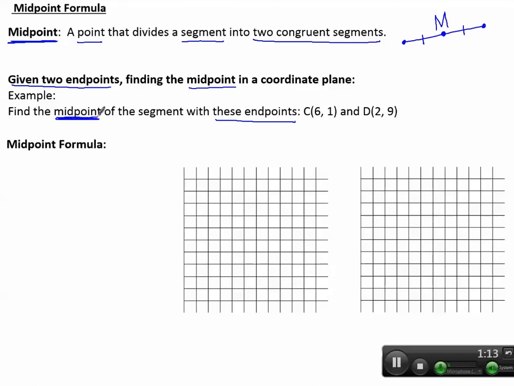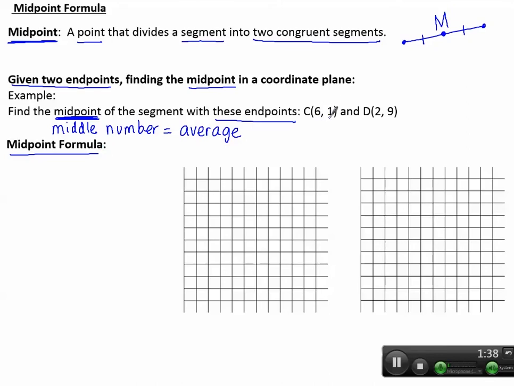Remember that the midpoint is like the point in the middle. We think of the middle. And when we're given numbers and we're trying to find the middle number of a list of numbers, we want to think of average. That's the midpoint formula: we average the x's and average the y's.